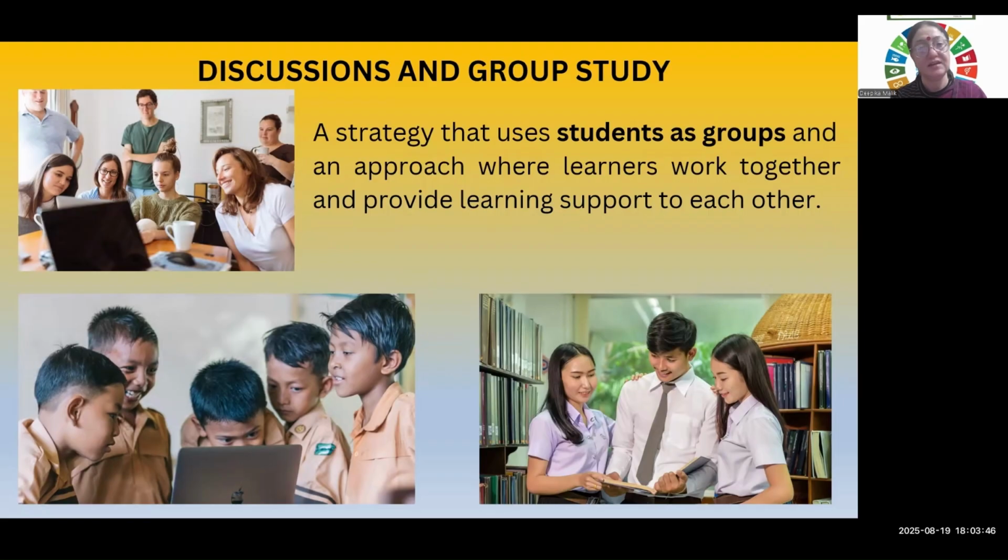The first technique is discussions and group studies. The more we encourage students to discuss various topics and do group study, they learn faster and they also provide support to each other in learning. The debates in the class, the group discussions in the class, the brainstorming in the class, it helps them to understand various topics.